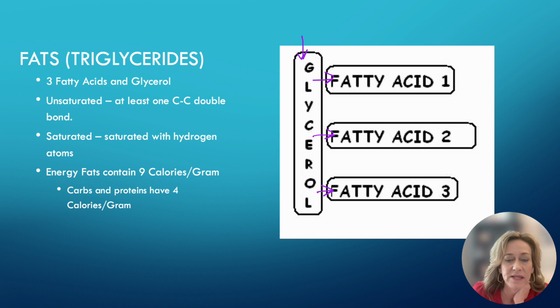One thing that's interesting to make note that really applies to our life here is that 1 gram of fat, right, contains 9 calories, whereas 1 gram of a carbohydrate or a protein is going to have only 4 calories per gram. So if we're eating fat, we're getting more than twice the amount of energy per gram. But if we're storing away fat, then we're storing away more than twice the amount, right, than what we would have to store as proteins or carbs. So fat is a good long-term energy storage.